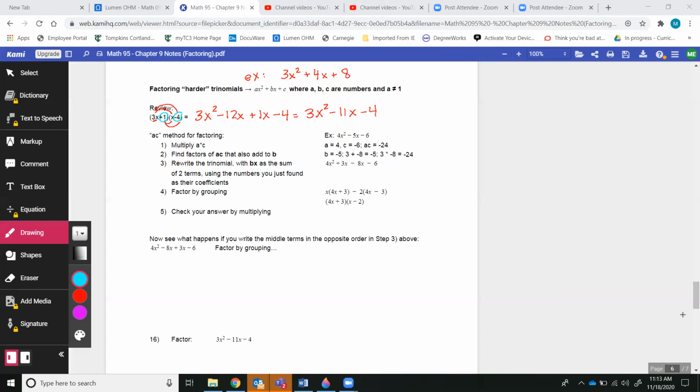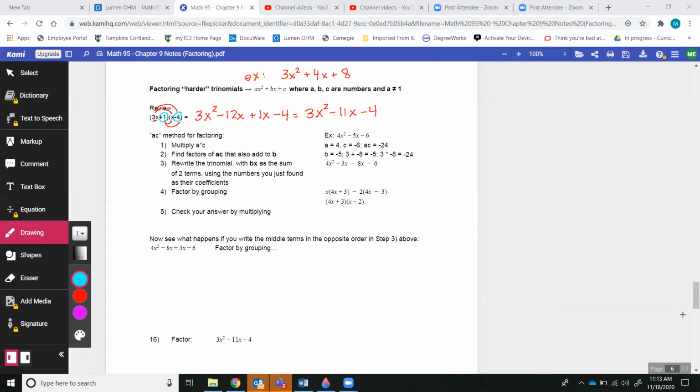I need to find two numbers, my last two numbers, that multiply to this, but the product of the outers and the inners adds up to this. It has to take this 3 into account. This 3 doesn't change the end, but it changes those middle terms. So there are two ways we can do this.